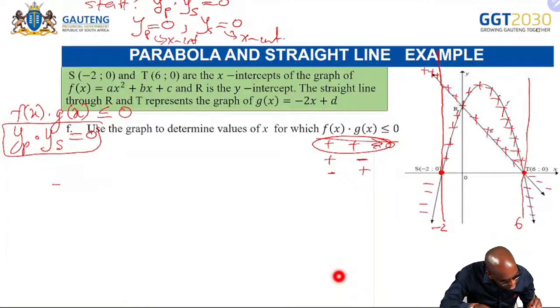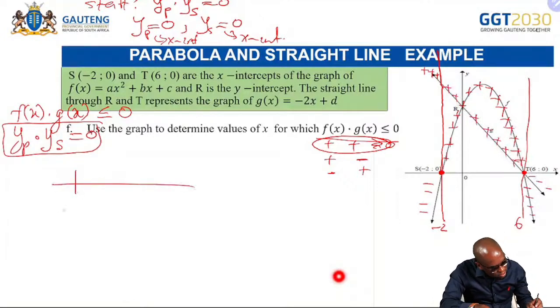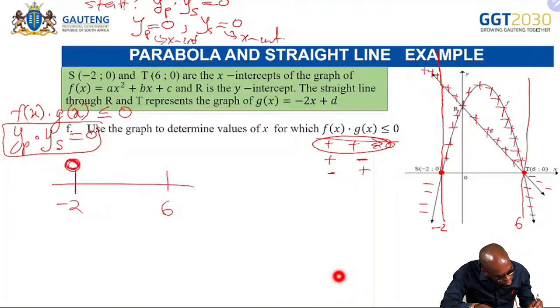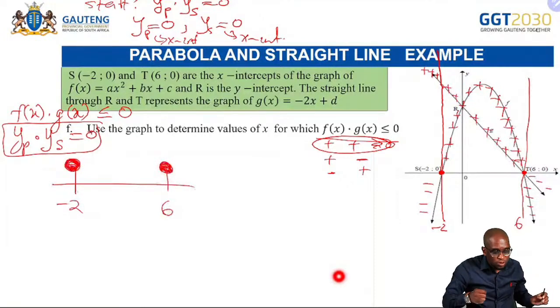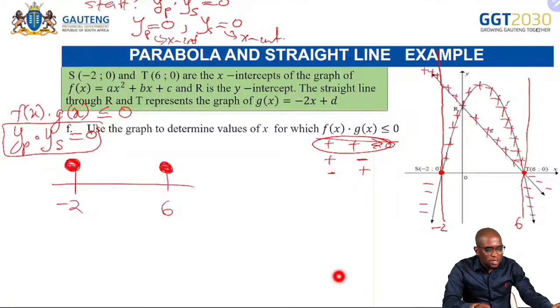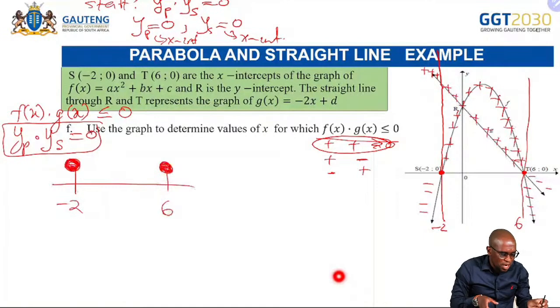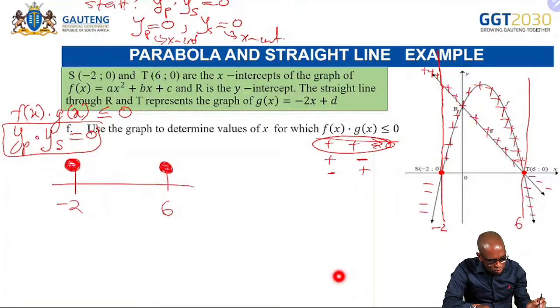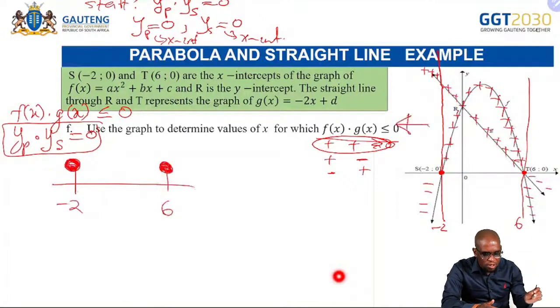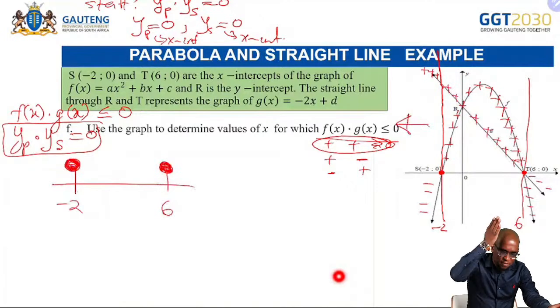Now I'm going to make this easy by putting my critical values -2 and 6. Obviously they are saying both of them should be included, so I shade that. Now, since we have these two here, we can check on the left hand side, on the extreme left of my vertical line.